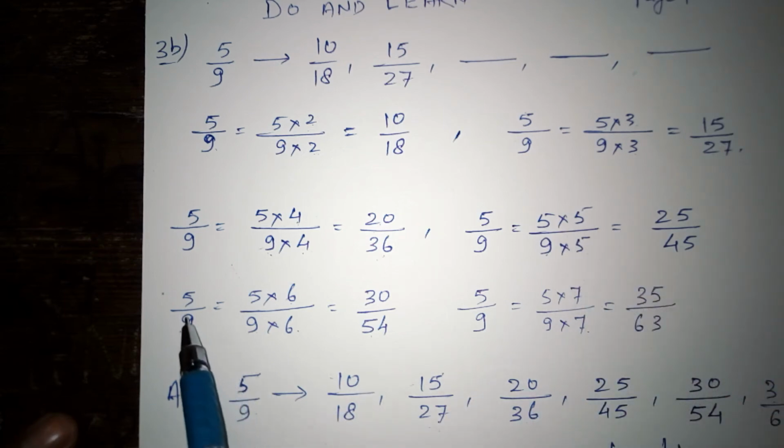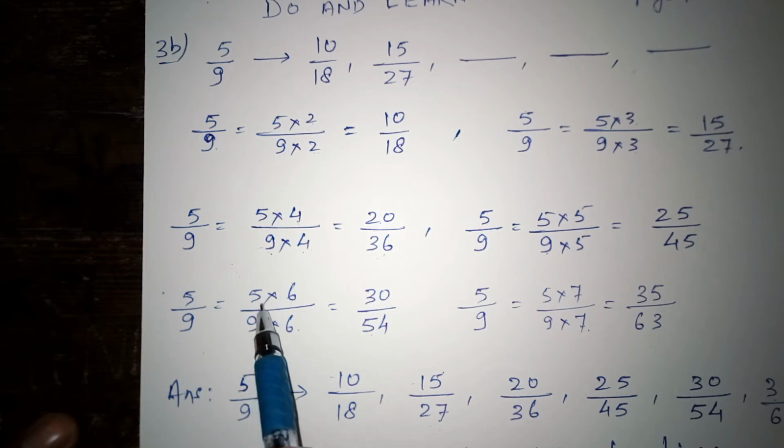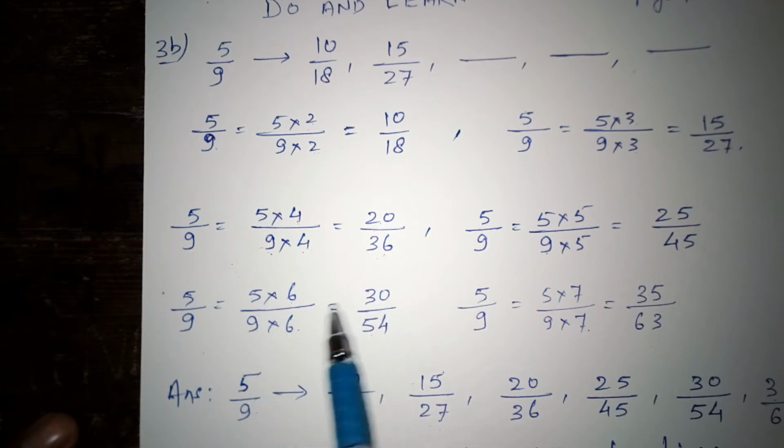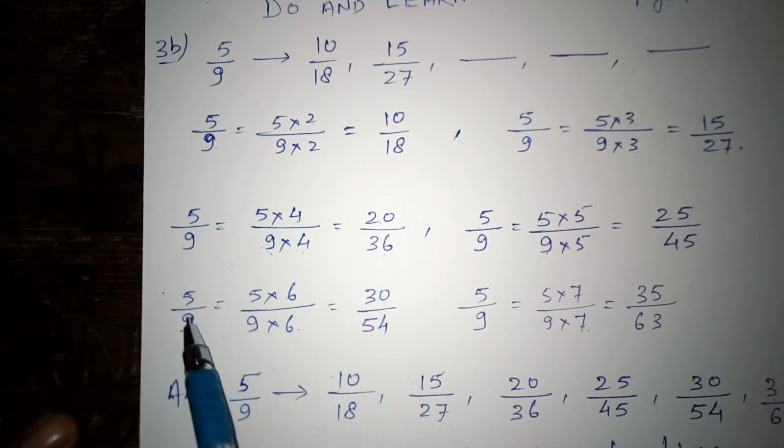Then in 5 upon 9 we will multiply by 6 in numerator and denominator. 5 times 6 is 30, 9 times 6 is 54. 30 upon 54 is another equivalent fraction of 5 upon 9.